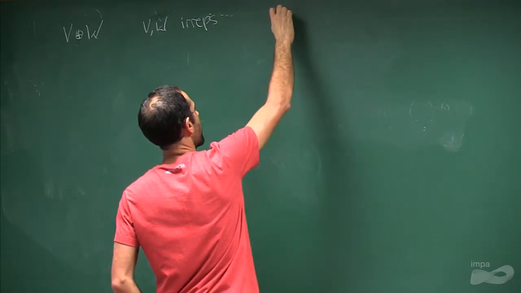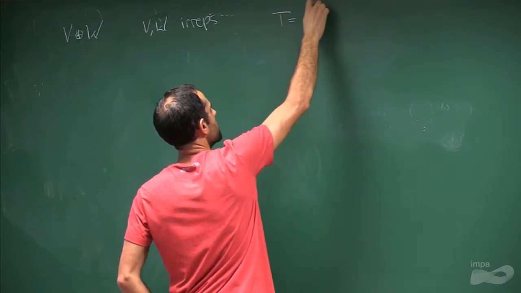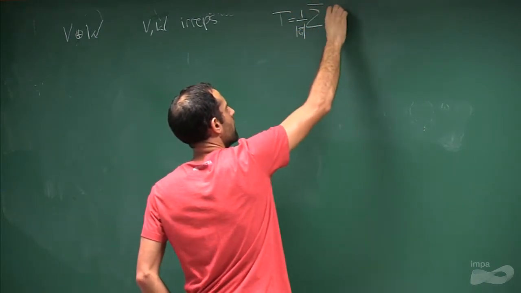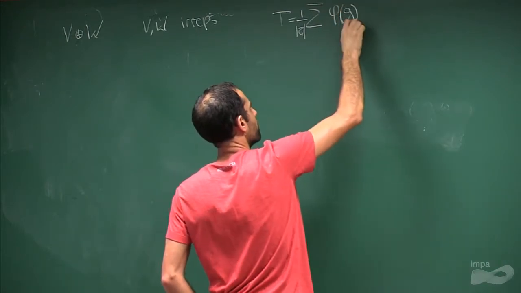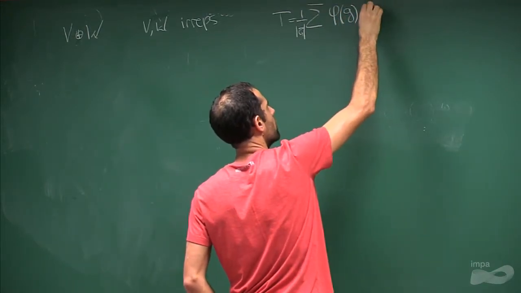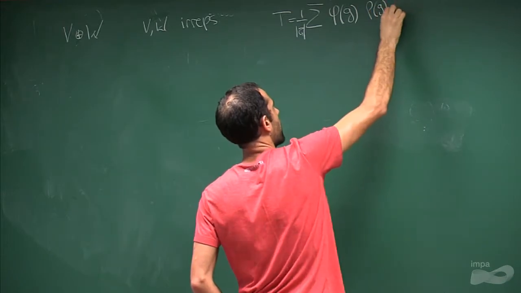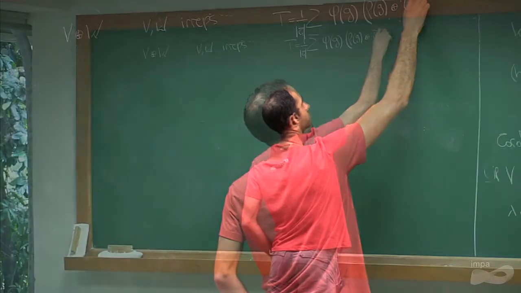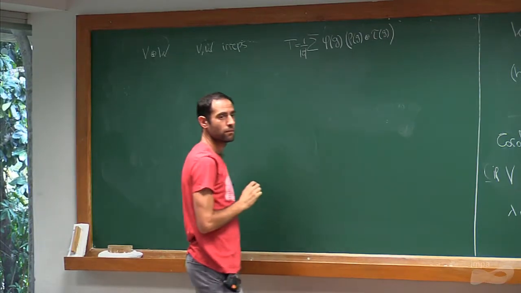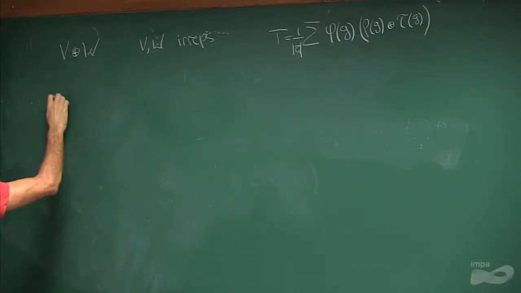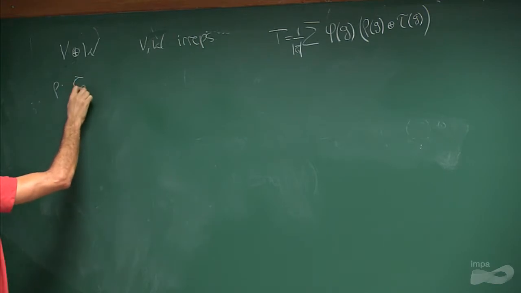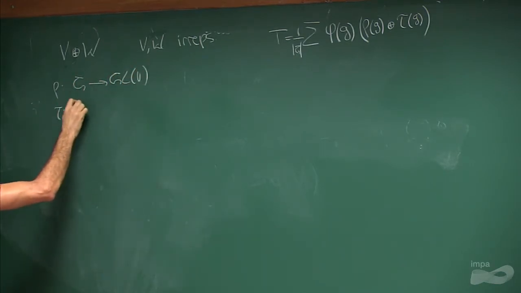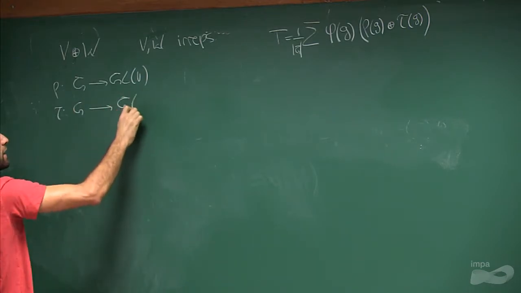I now define T to be the sum of 1 over G, phi of G, rho of G direct sum with tau of G, where rho is the map from G to GL(V), and tau is the map from G to GL(W).